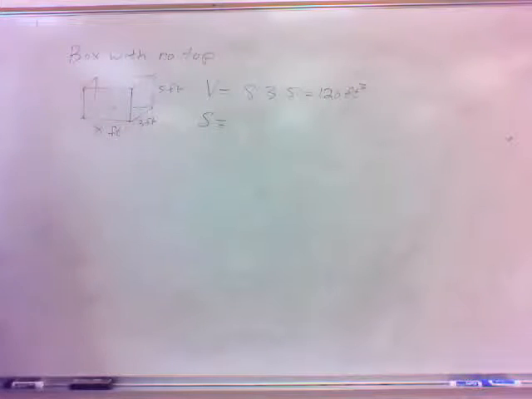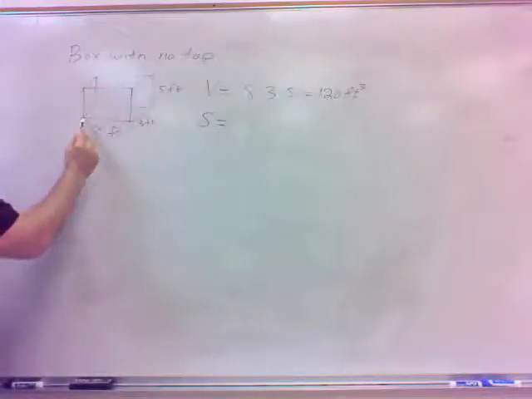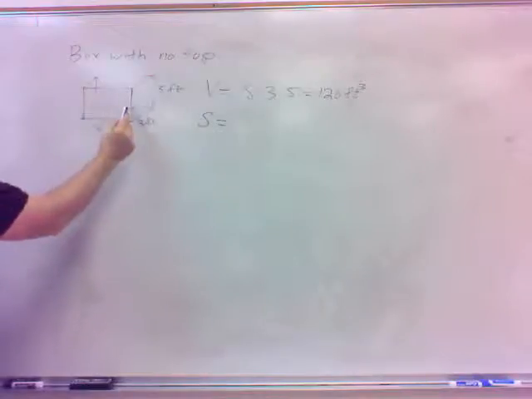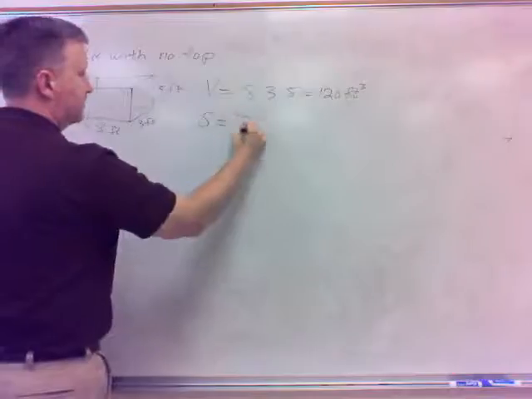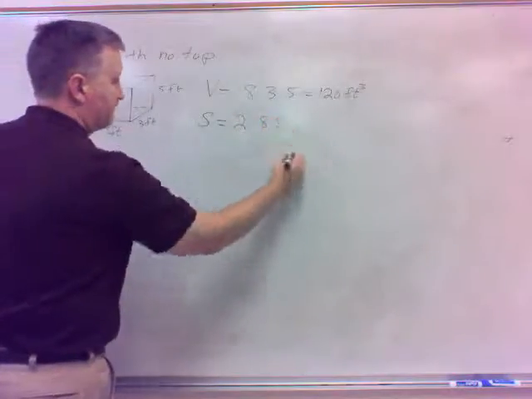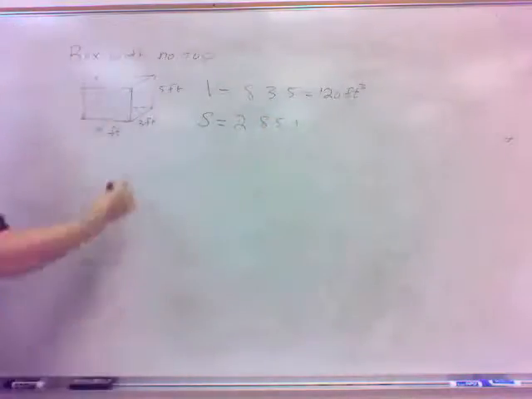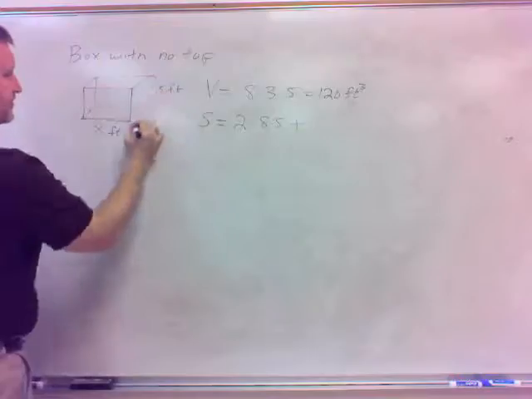Well, let's think about the front and the back. The front and the back are 8 by 5s, right? This is 5. So that front would be 8 by 5, and then I've got 2 8 by 5s. Sides, well, I've got 2 of those, so I've got 2 3 by 5s.